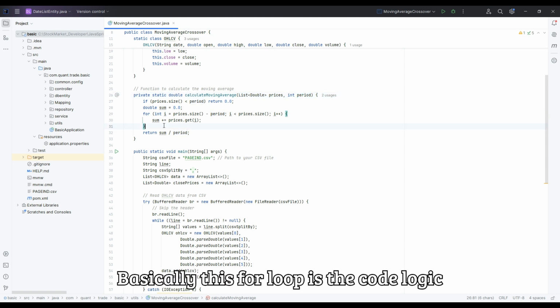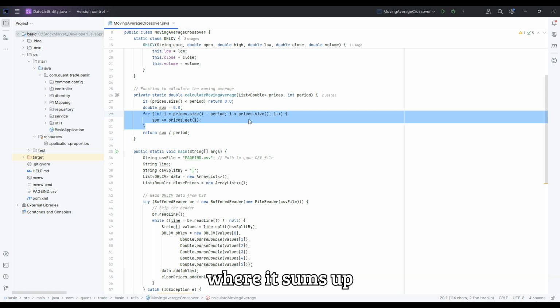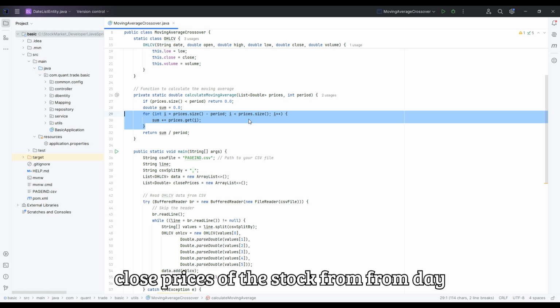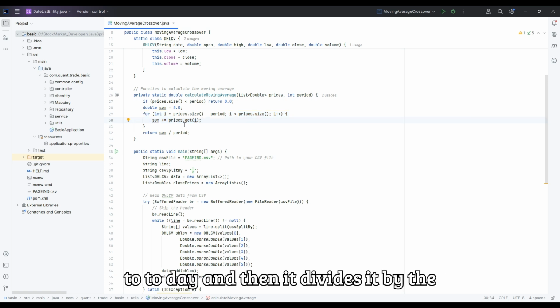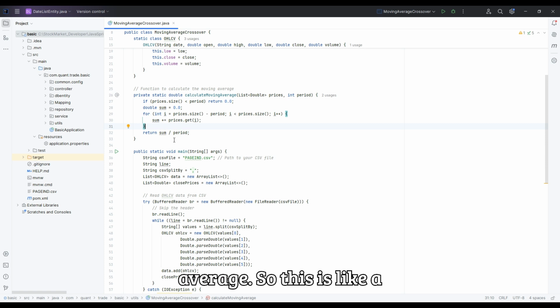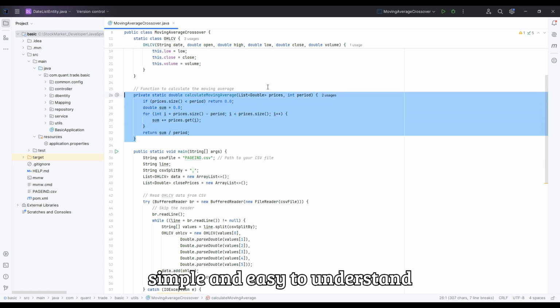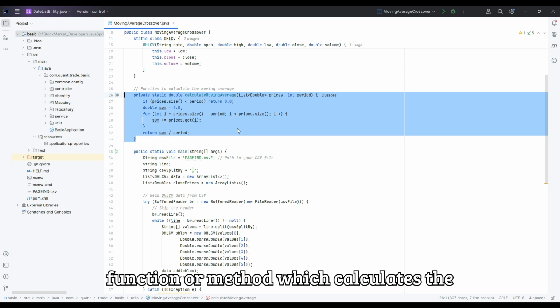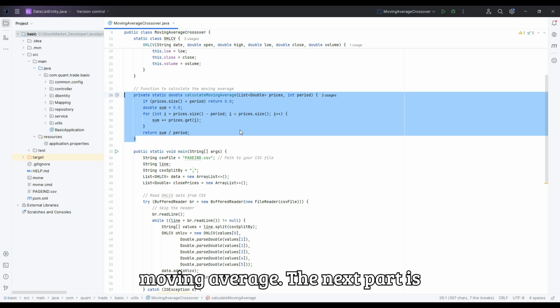Basically, this for loop is the core logic where it sums up all the given close prices of the stock from day to date, and then it divides it by the given period and gives us the moving average. So this is a simple and easy to understand method which calculates the moving average.